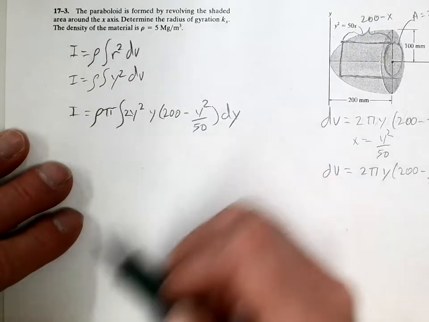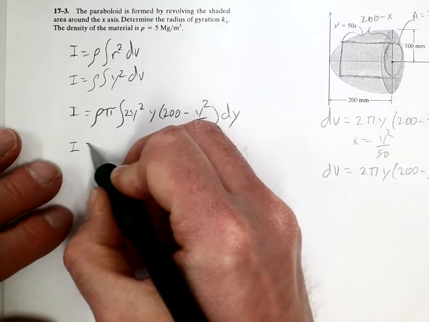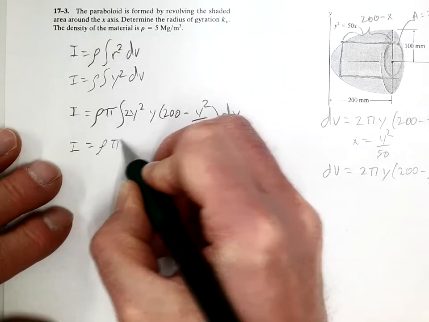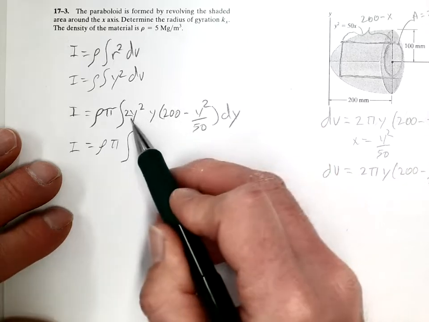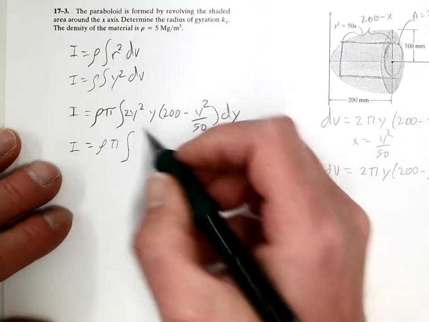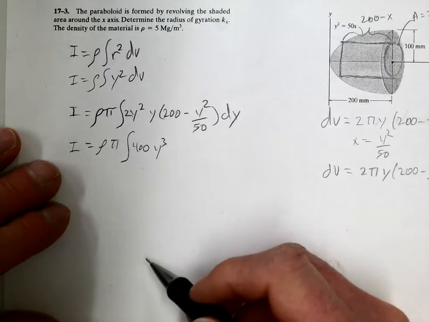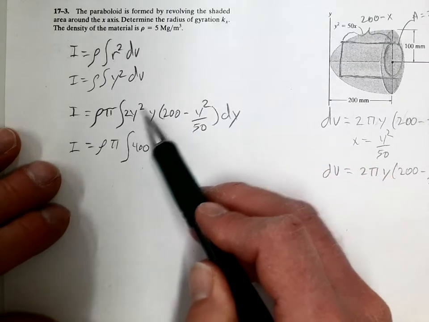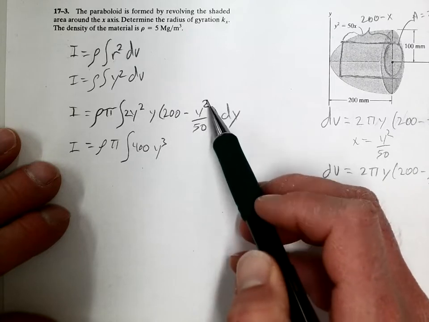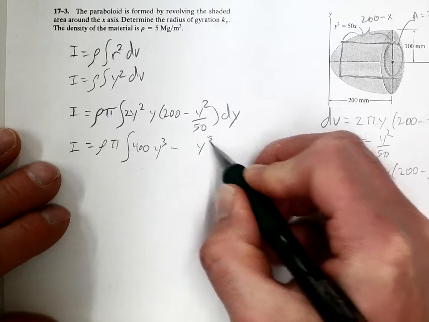Let's distribute this. So I is equal to rho pi integral of y to the third, 2y to the third would be 400 y to the third. And now we have y to the third and a y squared, so that's a negative y to the fifth.